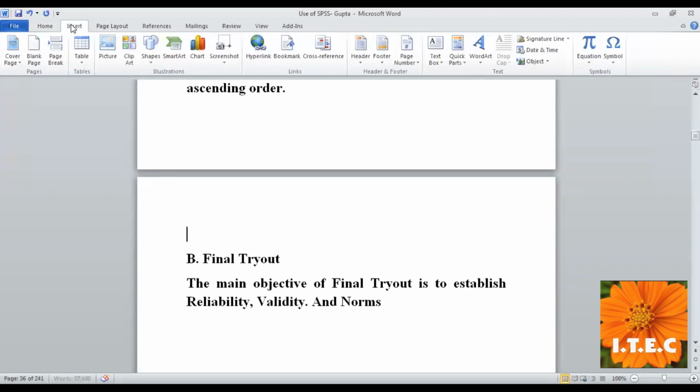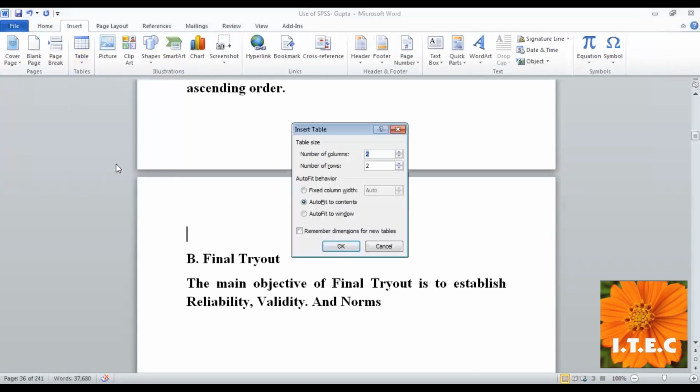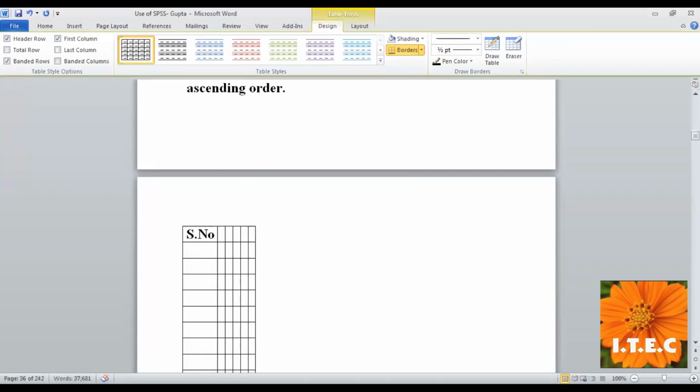So you can make a table. Here is the serial number of the person.